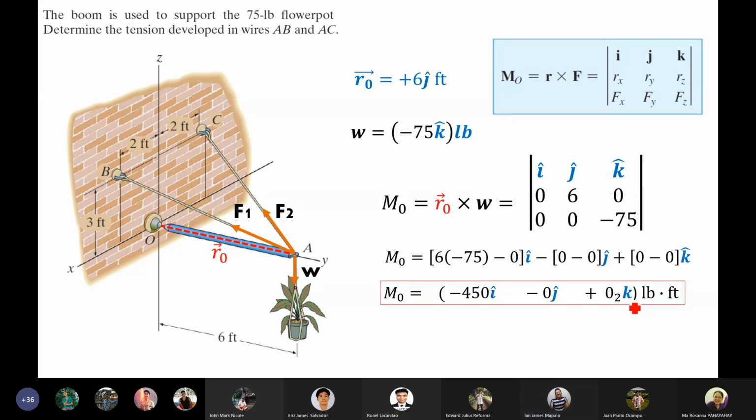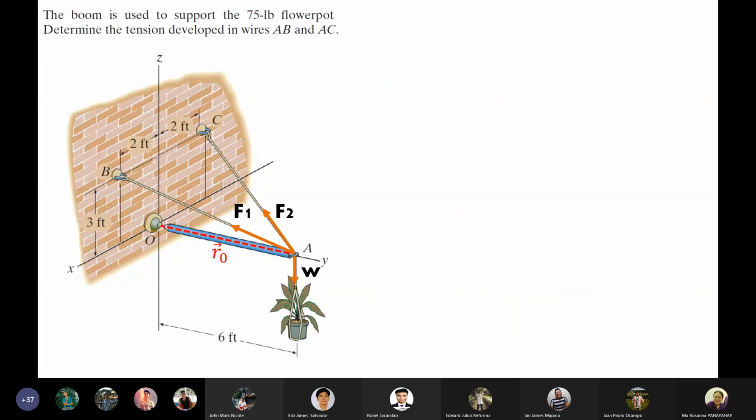Okay, so since we now have 3 moments, alam na natin ang moment of force ni F1, ni F2, and ni F3. Ang gagawin natin is we will segregate all the moments: moment along X, moment along Y, and moment along Z. So, ito yung purpose natin para ma-solve natin yung value ni F1 and ni F2.